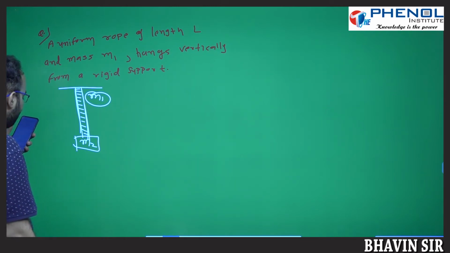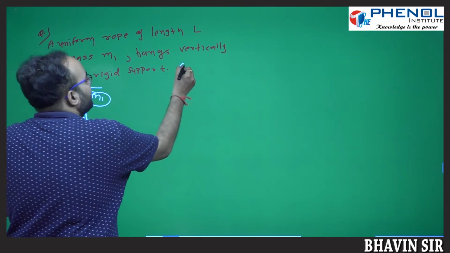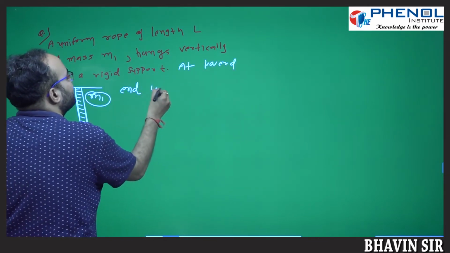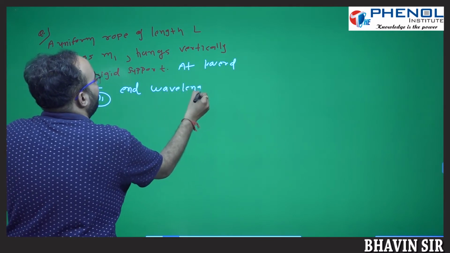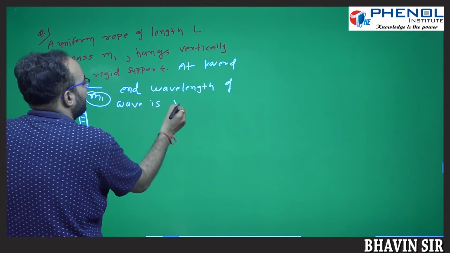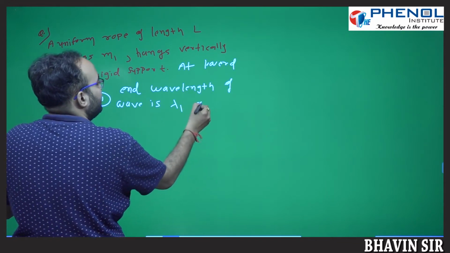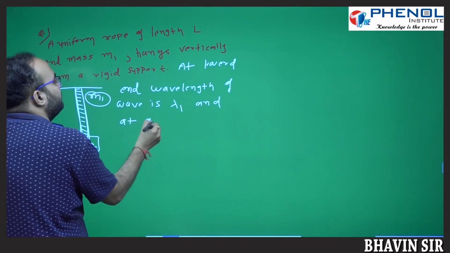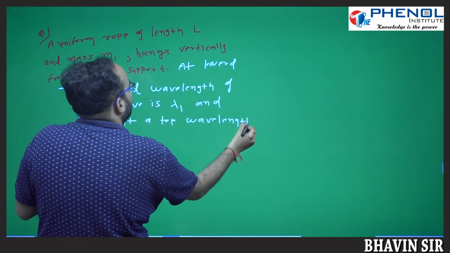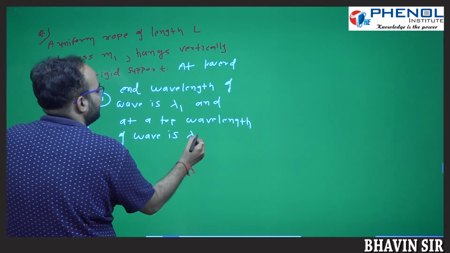A transverse pulse of wavelength lambda 1 is produced at the lower end of the rope. At the lower end the wavelength of the wave is lambda 1, and at the top the wavelength of the wave is lambda 2.